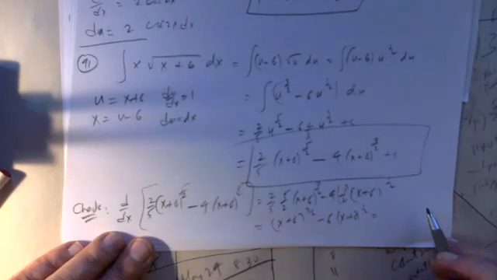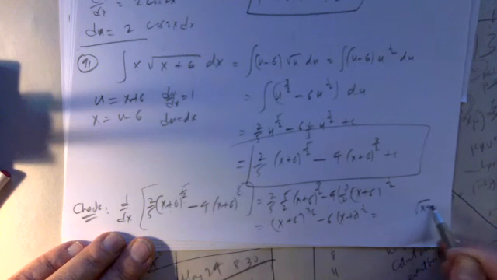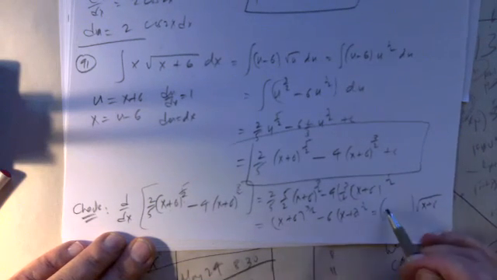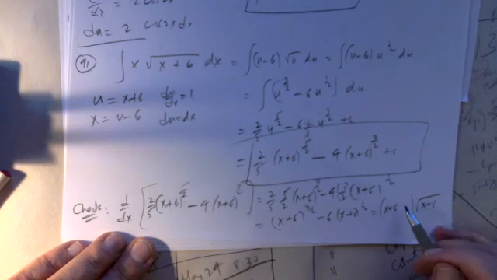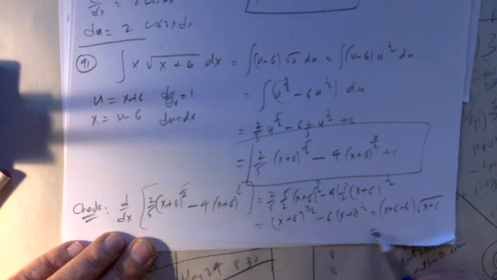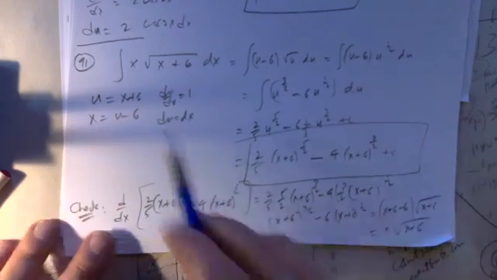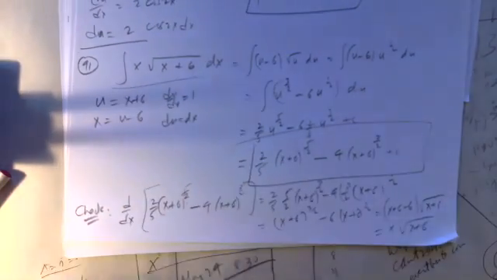If you factor out the square root of x plus 6, you're left with x plus 6 minus 6. So you get x times the square root of x plus 6. And by a miracle, that is correct.